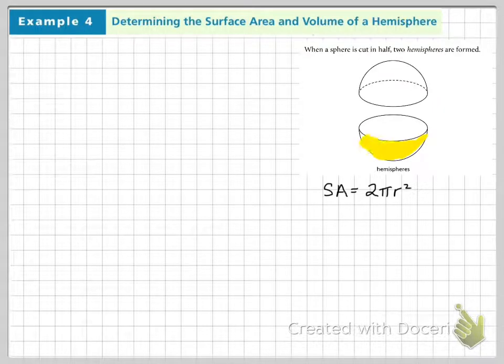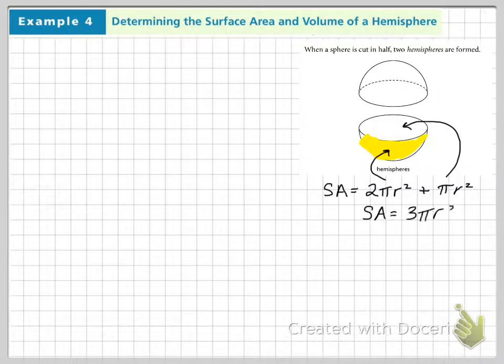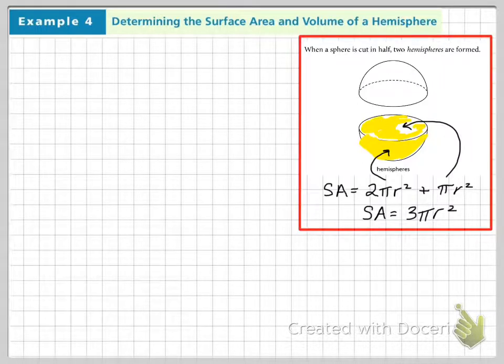That piece on the side that you just shaded in yellow is the surface area of 2 pi r squared. But we still have the flat part that's white. That's going to be the pi r squared that I just shaded in now. So the whole thing is going to have a surface area of 3 pi r squared. And that'll be given as well on your formula sheet.